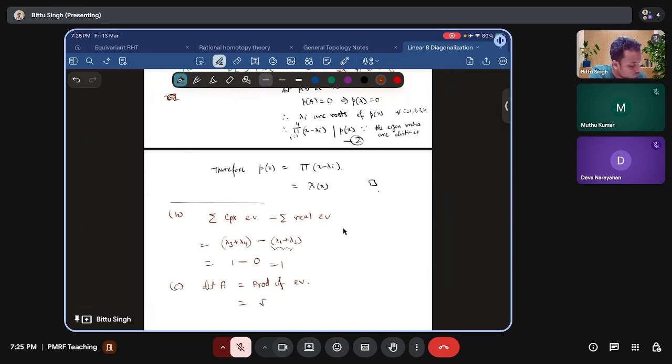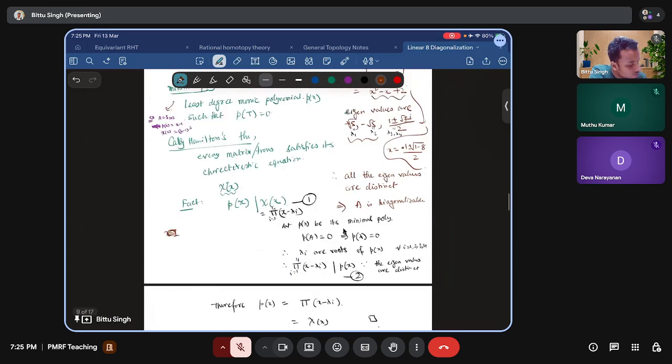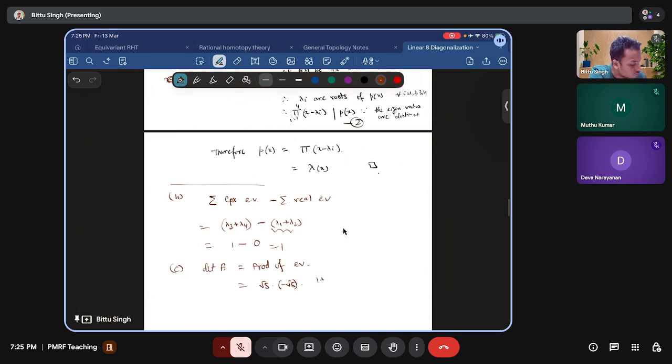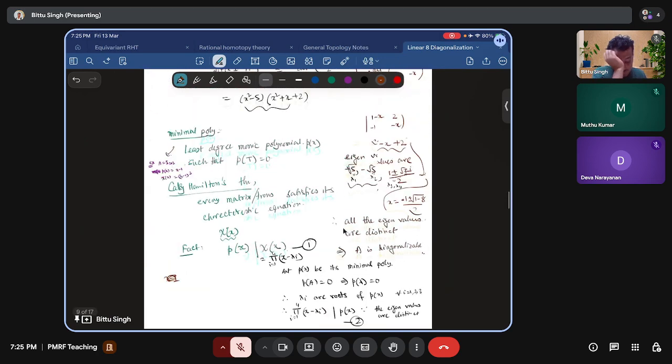So root 5 times minus root 5, and then 1 plus minus root 7 i by 2. So 1 plus root 7 i by 2 times 1 minus root 7 i by 2. So this is the same as minus 5 times.